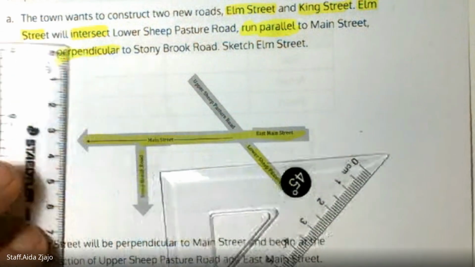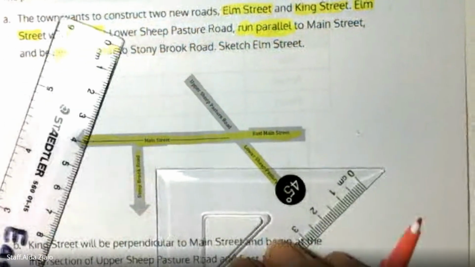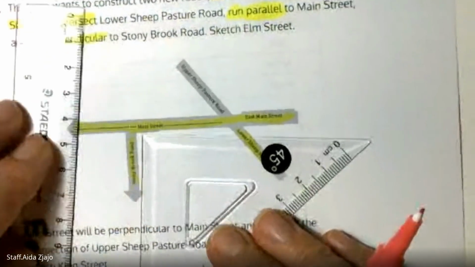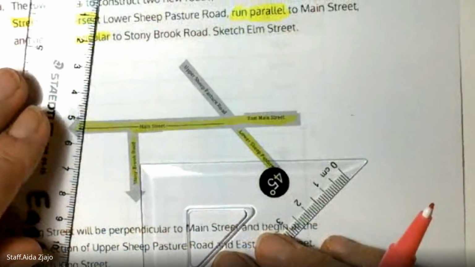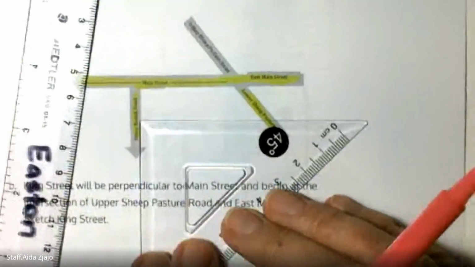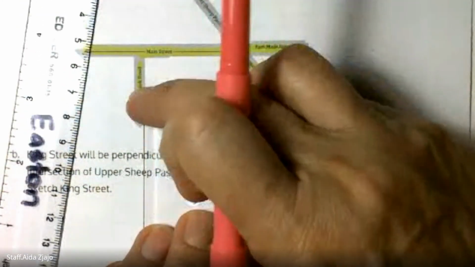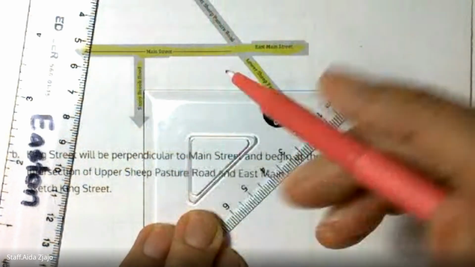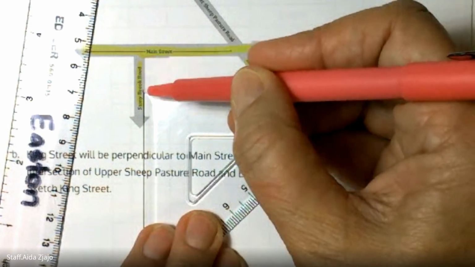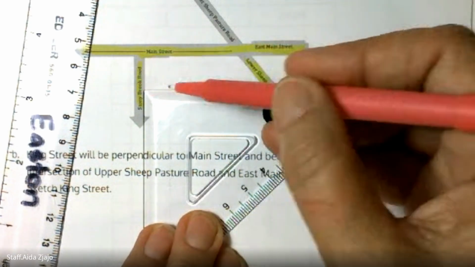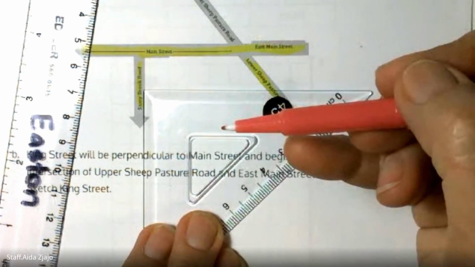So I can check if this is perpendicular. If I take my parallel, I can tell you perpendicular is my little triangle has a right angle. To be perpendicular, the Stony Brook Road and my triangle have to cross at the right angle.